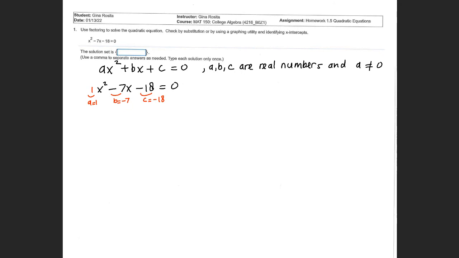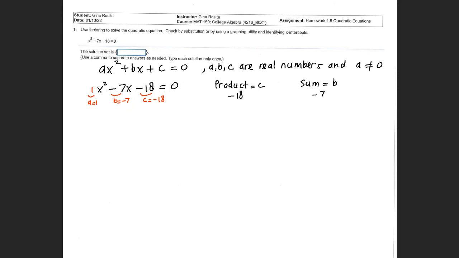Product equals C. The product equals C, which is negative 18. After that, we have to find sum equal B. B is negative 7.